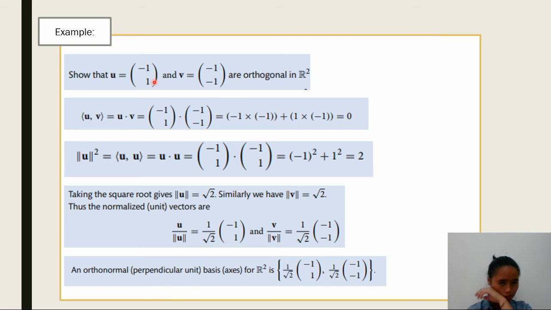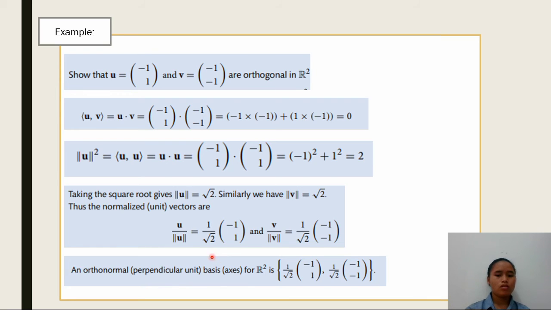Example, U and V are orthogonal in R4. U times V, and this is orthogonal, right? Like the norm squared is 2, so this is normalized.